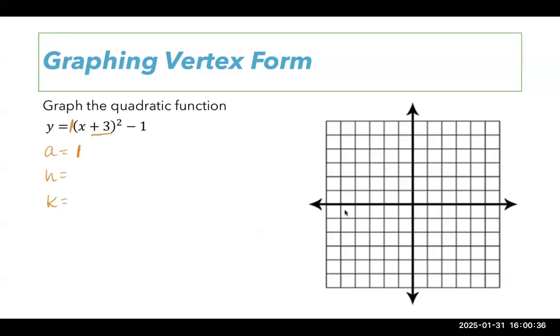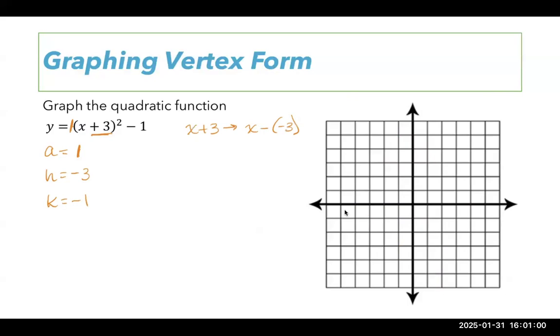My h value, since I have x plus 3, that must have meant that I was taking x minus a negative 3 in order to get the x plus 3. So my h value is actually a negative 3 in this case. And then my k value would be a negative 1.